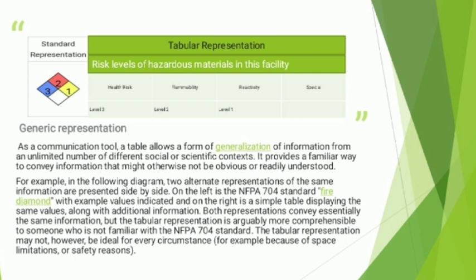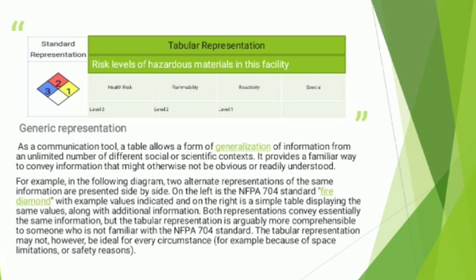On the left is the NFPA 704 standard fire diamond with example values indicated, and on the right is a simple table displaying the same values along with additional information.